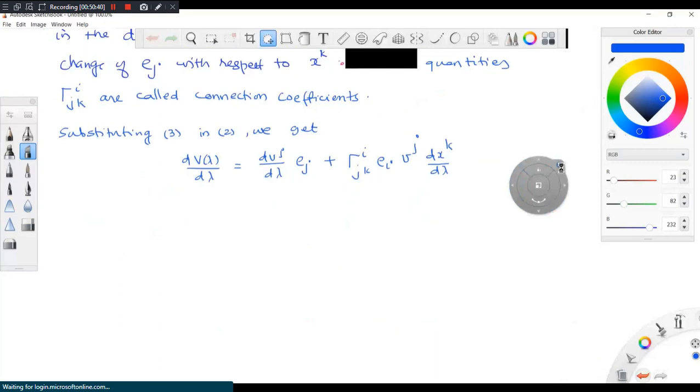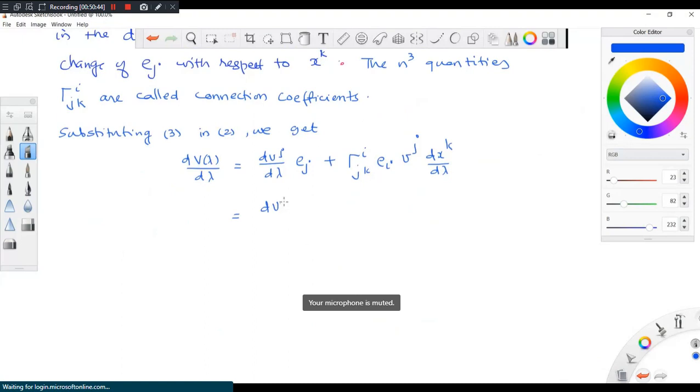This is equal to dVi/dλ ei, and you can put it like this because j is a dummy index. So I can replace it by i, plus Γ^i_jk ei Vj dxk/dλ.